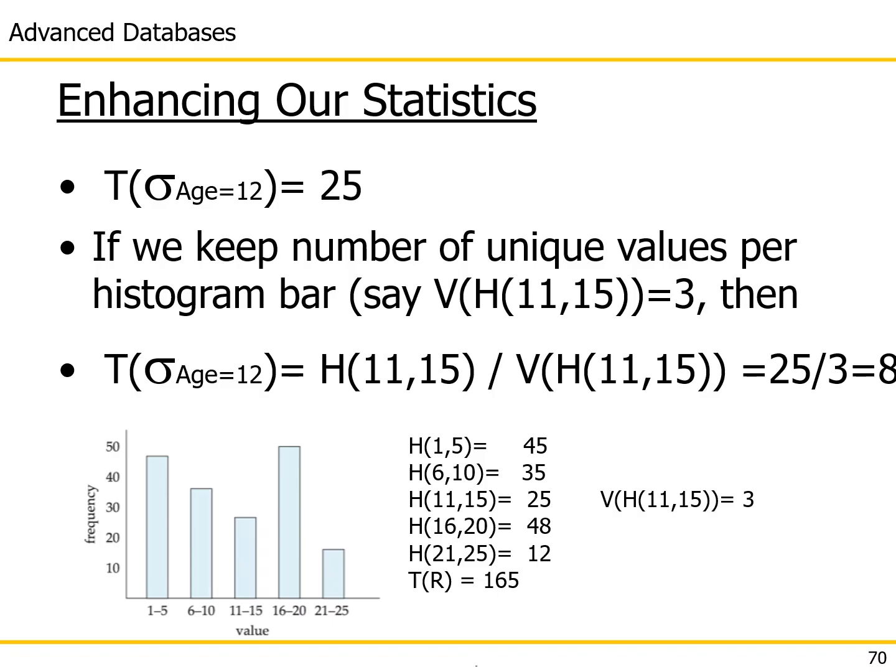It's going to be 1 over the number of unique values in this histogram bar, V of H 11,15, or 1 over 3, multiplied by the total number of entries in this specific histogram, which is H 11,15. So it's going to be 1 over 3 multiplied by 25. And that means you have on average 8 rows in the result set if your query is select star from table where age equal to 12.